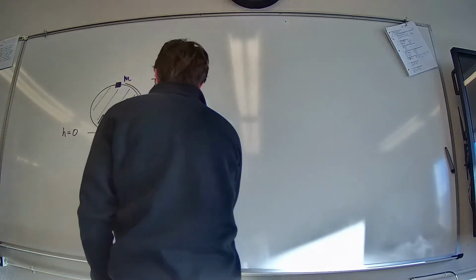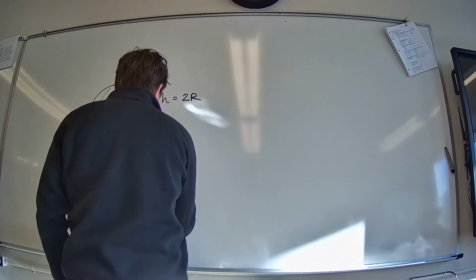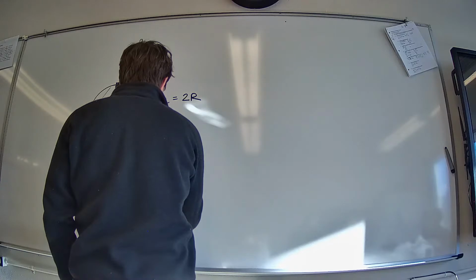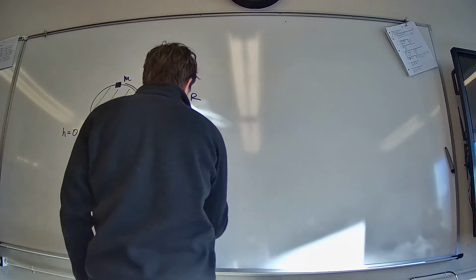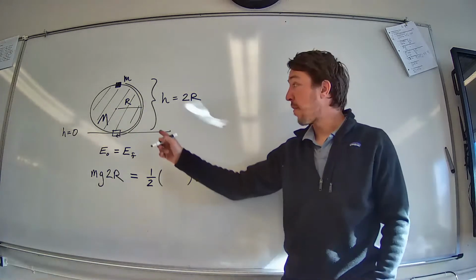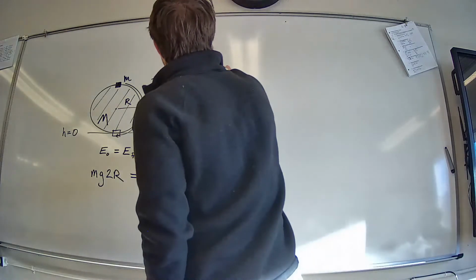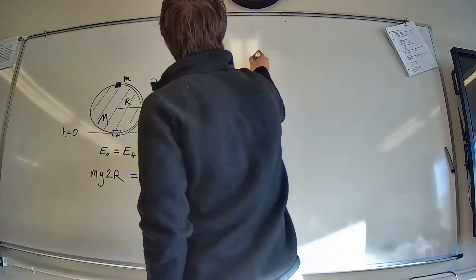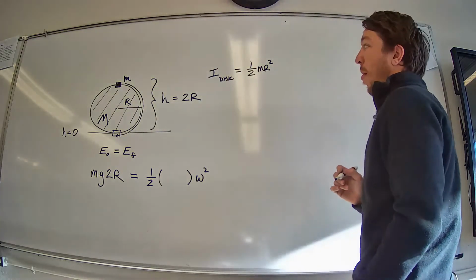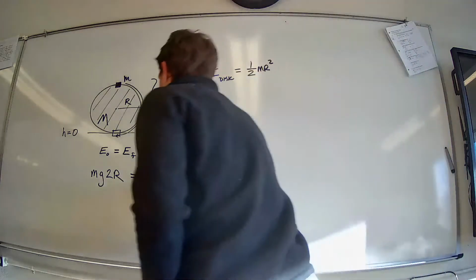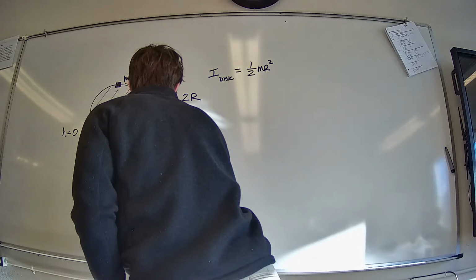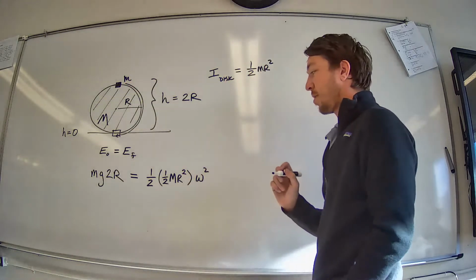One half. What's the I value for the disk? The I value for a solid disk is 1/2 mr squared, right? So in here, I'm going to put 1/2 big M r squared.